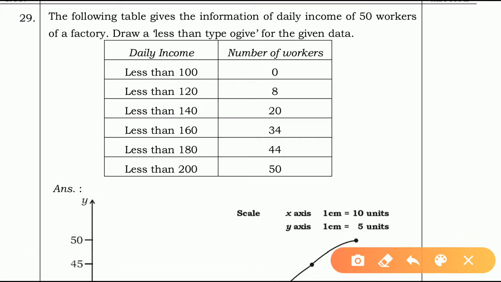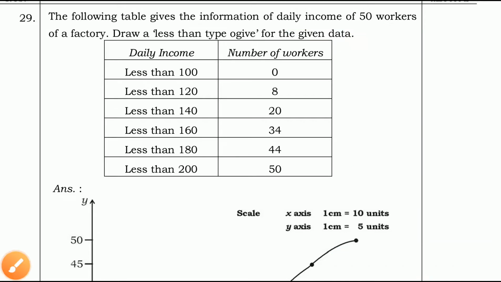Next, question number 29. Draw a less than type ogive for the given data. Daily income of 50 workers of a factory are given in the following table. Here we consider this a less than type problem, so we consider upper limits.